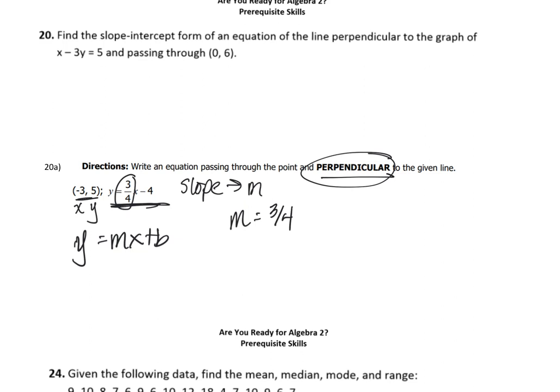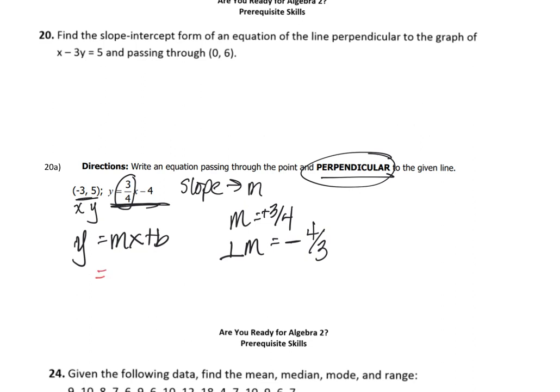If I use 3/4, that would give me a parallel line. So for the perpendicular slope, I have to change the sign from positive to negative, and then take the reciprocal, 4/3. That's the value for m that I'm going to use to find a perpendicular line.